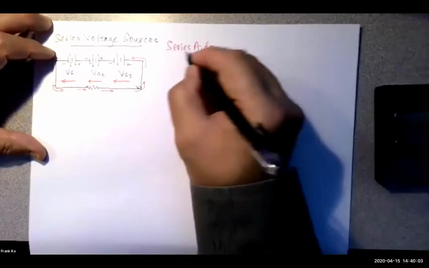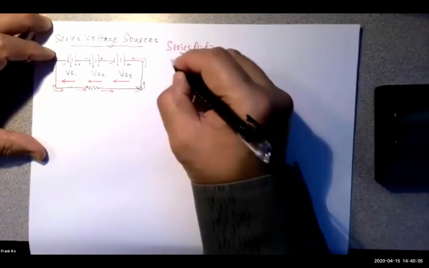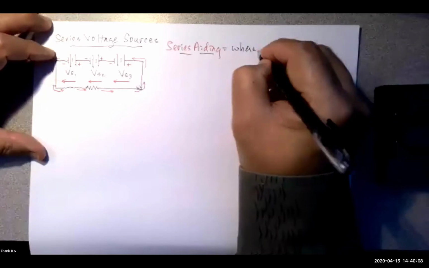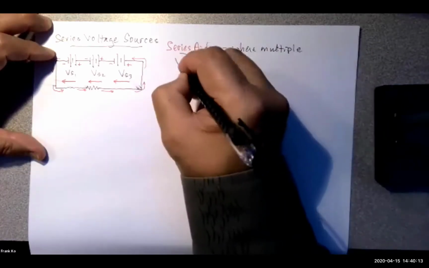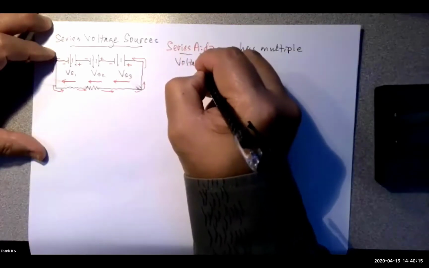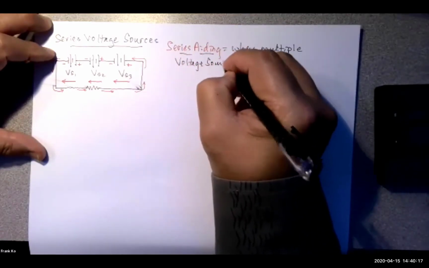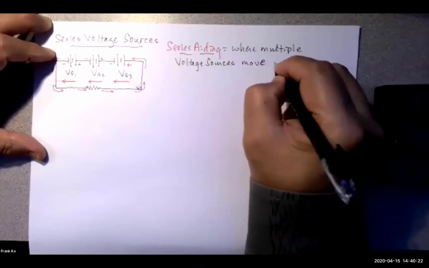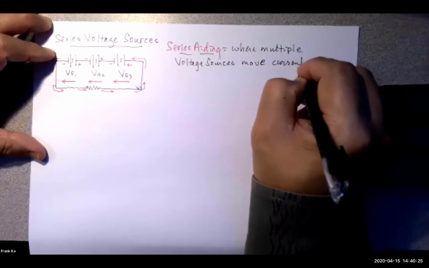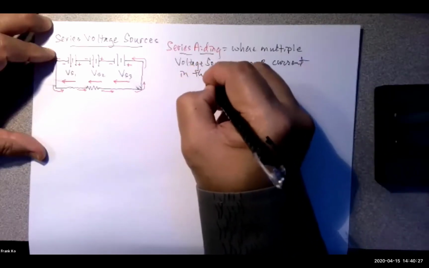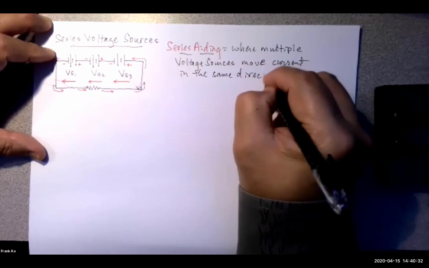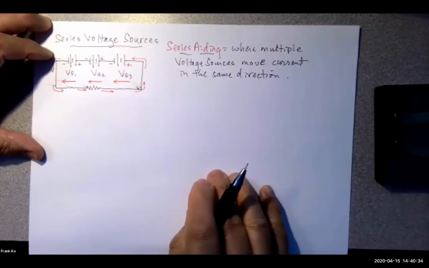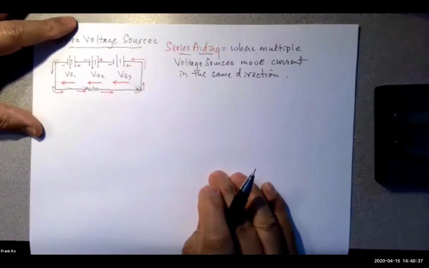Series aiding is where multiple voltage sources move current in the same direction. That is defined as series aiding.